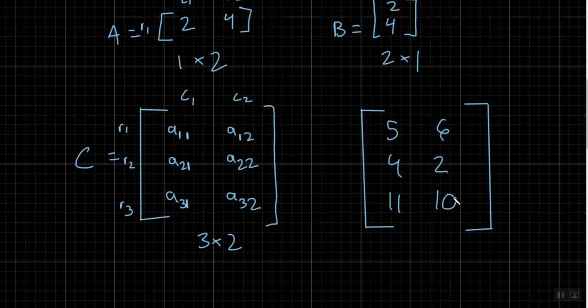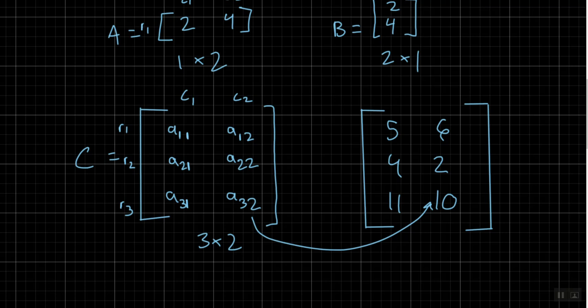What is A sub 2,2? 2. What's A sub 1,2? 6. I want everyone to say it. A sub 3,2? 10. How would you know that? A sub 3,2 is that element right there. What's A sub 3,1? 11.